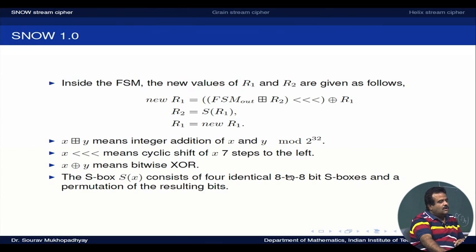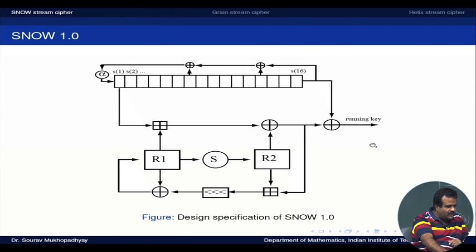Okay, so inside this finite state machine, we take values R1 and R2, but how does this state change in the finite state machine? Let us come back to this figure. This is the state updater function in the finite state machine. It takes this R2, then there is a circular shift, which we will come to.